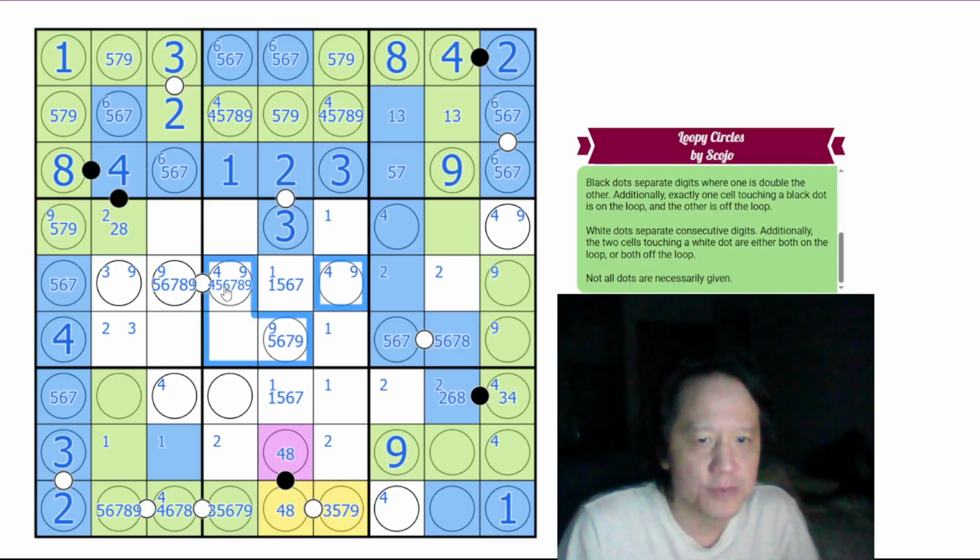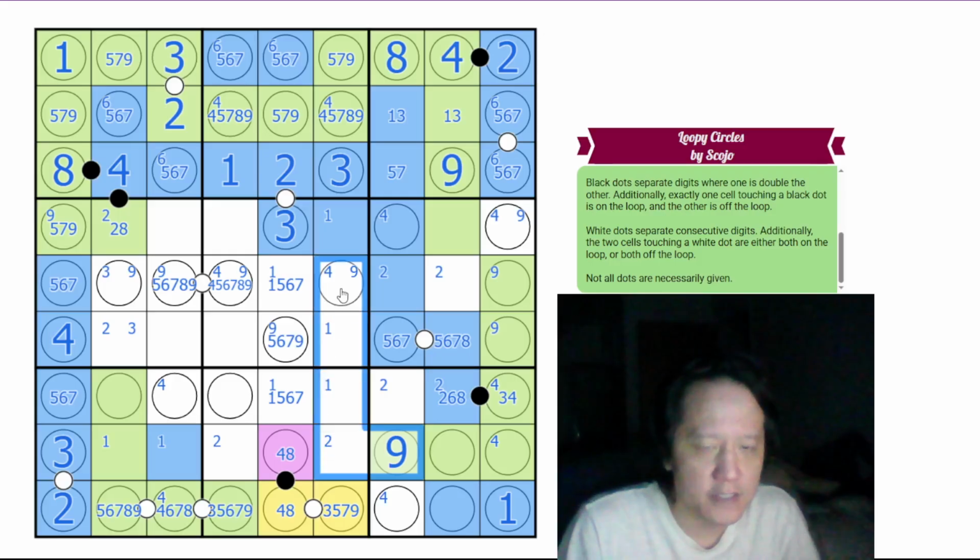One of these 3 is on the loop. Okay, this is not on the loop because it can't enter in there and then exit out. This cannot exit out this way, because it would have to be touching either that which is on the loop, or it's already touching this cell on the loop. So it cannot go this way.